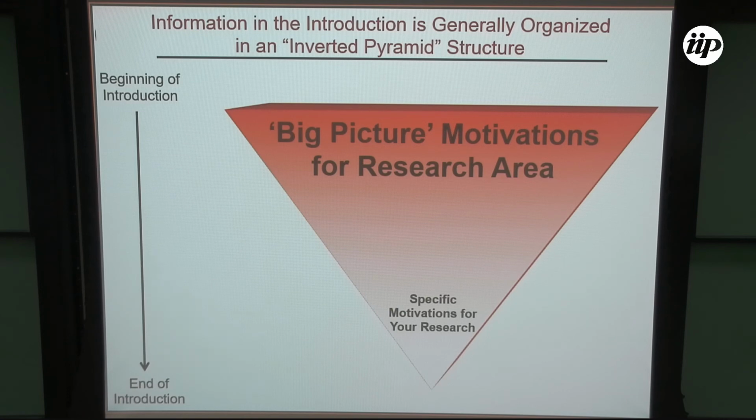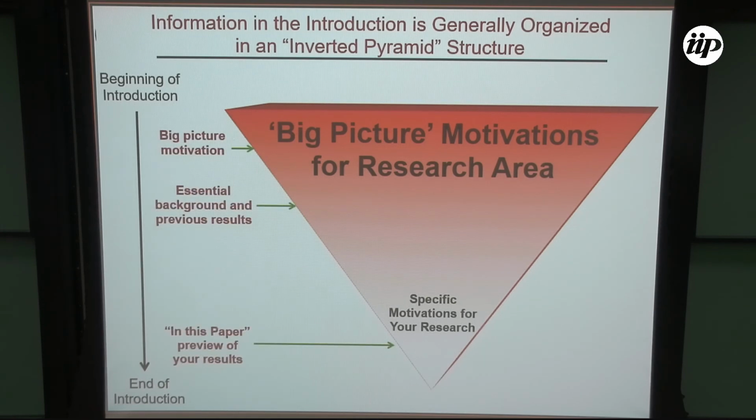The idea behind this inverted pyramid is you open with a very big statement of where your research fits in with the bigger picture, and then throughout the introduction you slowly narrow the focus to what your particular part of that larger area of research is.